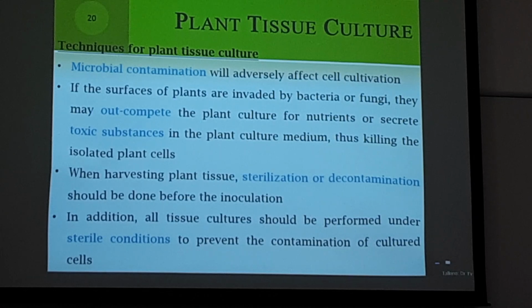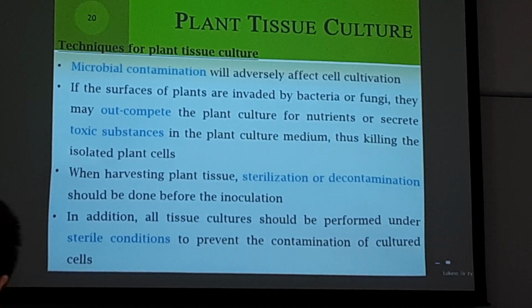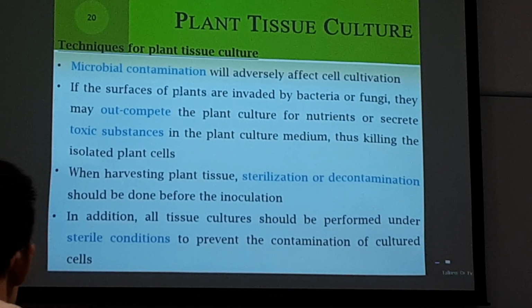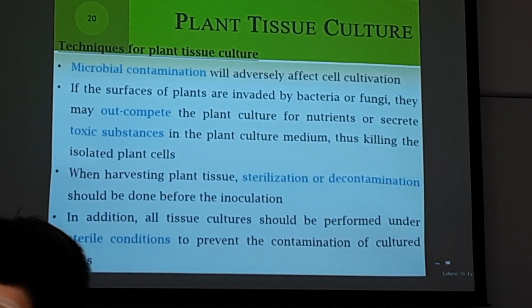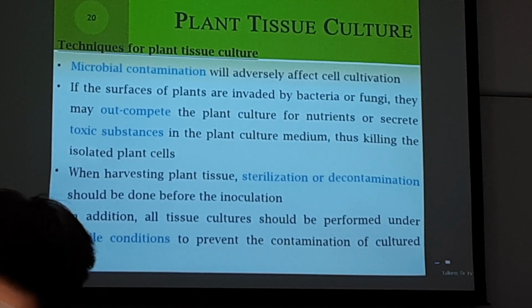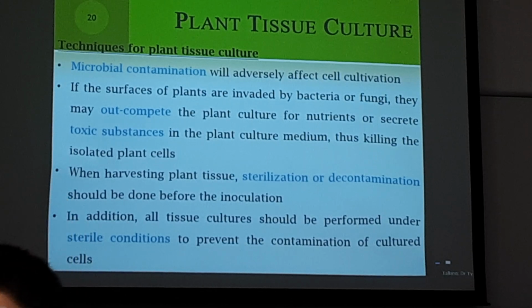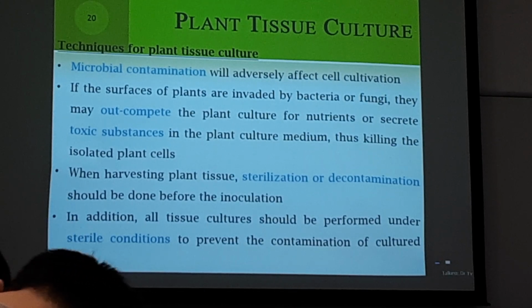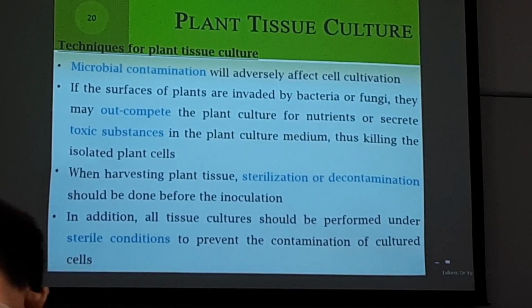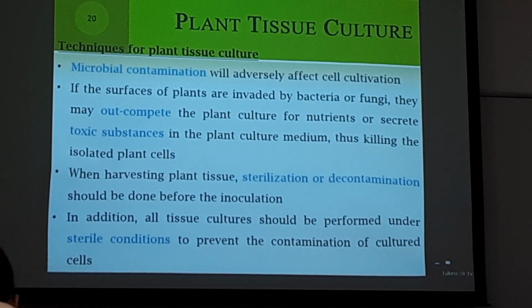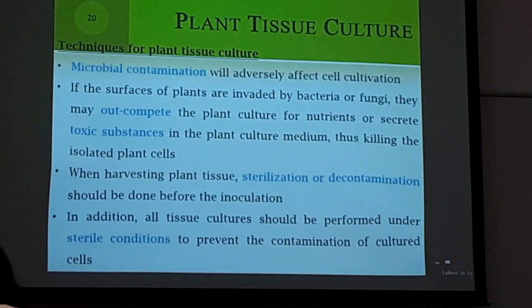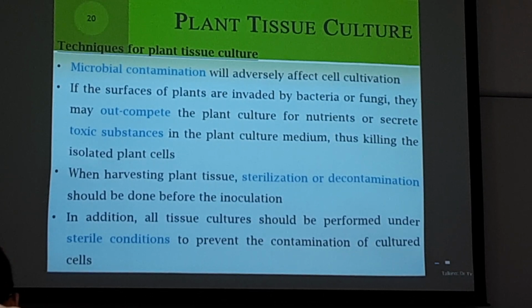Some more detail during the culture: you have to make sure there is no contamination in the plant culture. It is actually the same whether you're culturing bacteria, plant cells or animal cells later: you always have to make sure there is no bacterial contamination. If the cells are contaminated by bacteria or fungi, of course they may not win the competition.